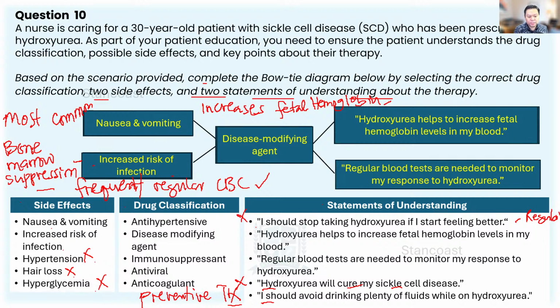I should avoid drinking plenty of fluids while on hydroxyurea. No, you're not supposed to avoid. The patient should be taught to increase their fluids again to prevent the vaso-occlusive crisis. We want to dilute their blood with fluids in order to prevent vaso-occlusive crisis.